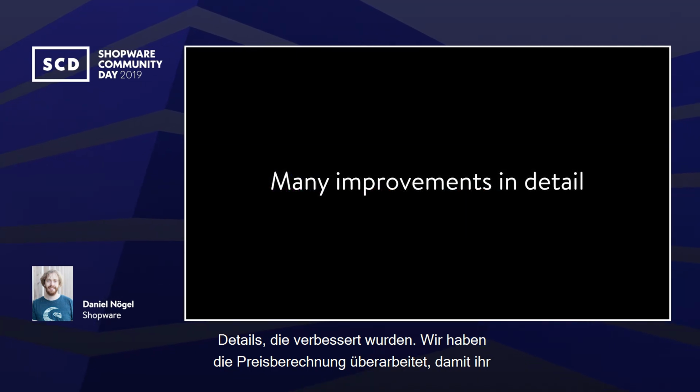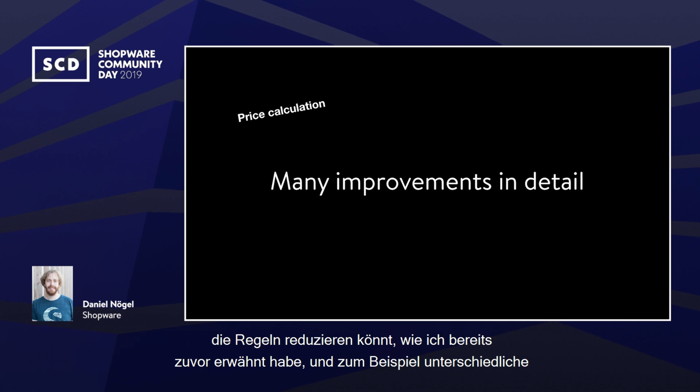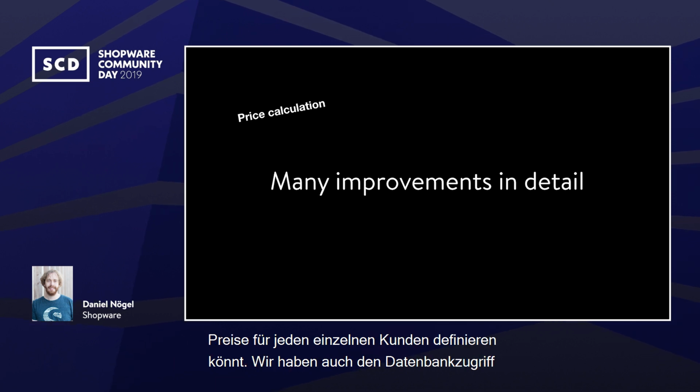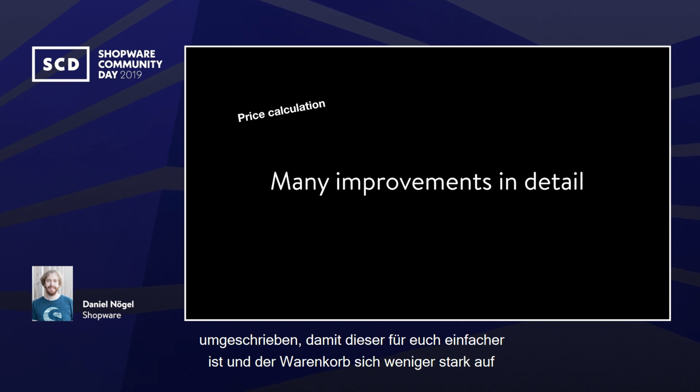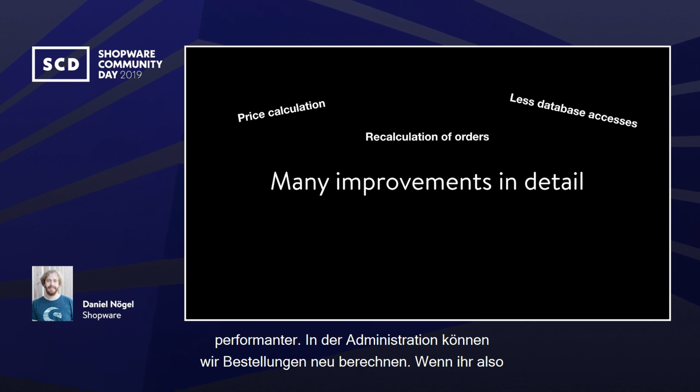So we have reconsidered our price calculation. So you can reuse the rules I talked about earlier and have very different prices for every single customer, for example. We rewrote it regarding database access, so that it's easier for you, or that the cart has less impact on the database. It has fewer writes, it has fewer reads, so it's way more performant.